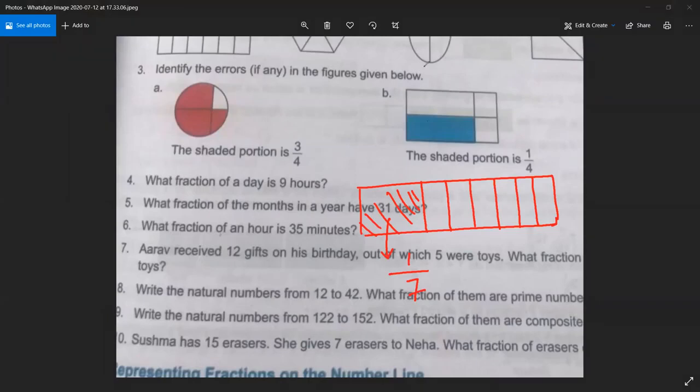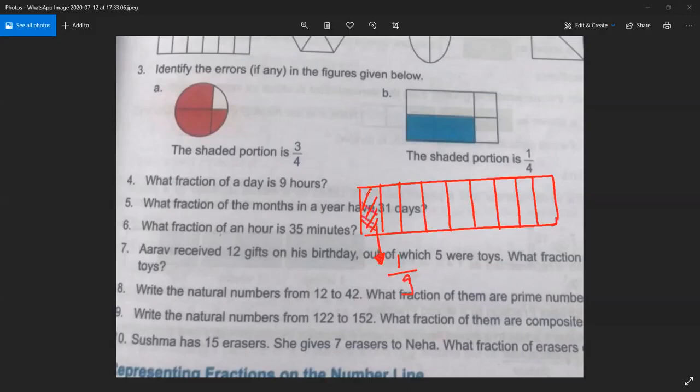So, for example, now if I want to modify this, and what I do is, can I say that this is 1 by 9, counting 1, 2, 3, 4, 5, 6, 7, 8, 9? Can I say this?